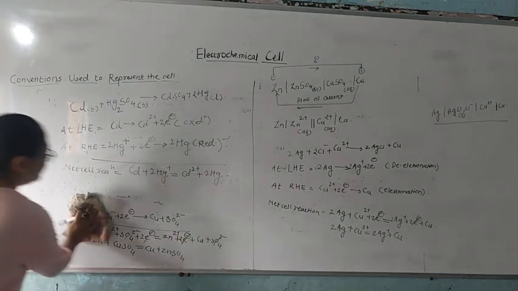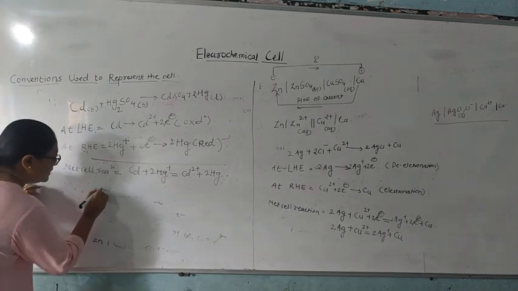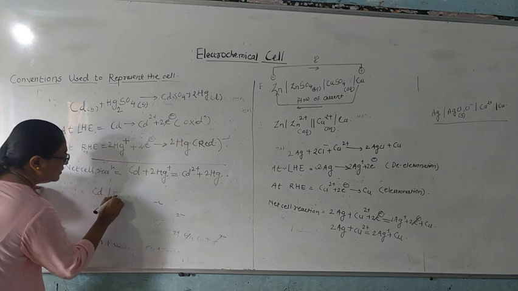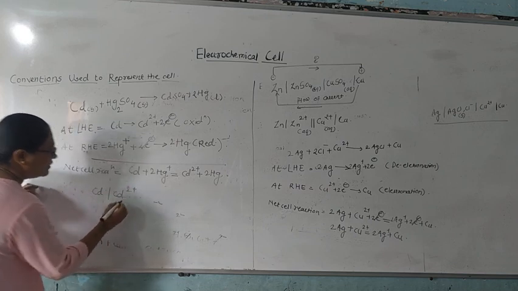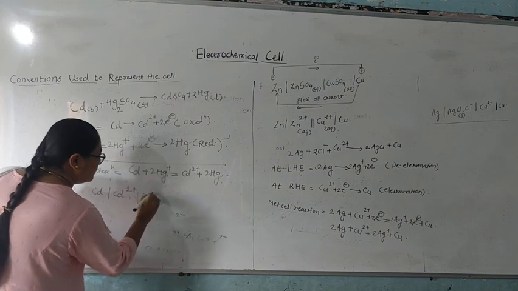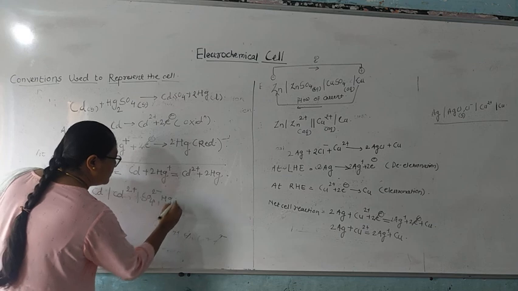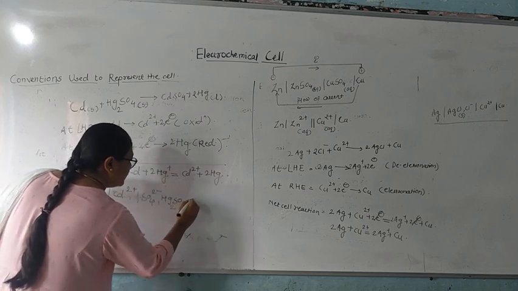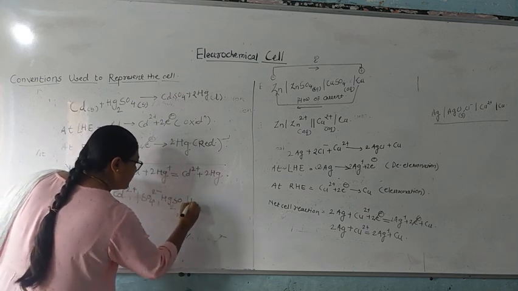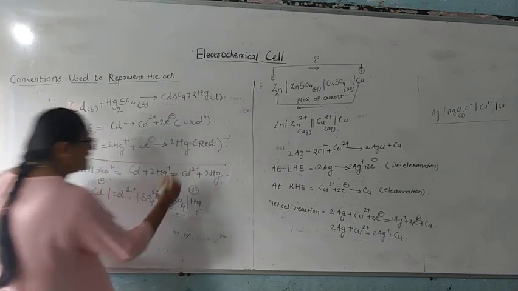Therefore, how will you represent this? Here also mercurous sulfate is a solid. Therefore, the left hand electrode. This is how the representation of the cell is.